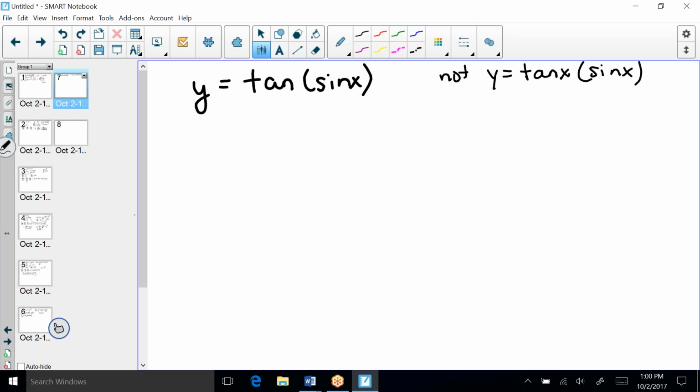I could give you both of these problems on a test, tangent of sine of x and tangent of x times sine of x, and you're going to do them in completely different ways. Here you're going to use the product rule. You can't use the chain rule on this one. This one you're going to use the chain rule. You can't use the product rule on this. So completely different answers.